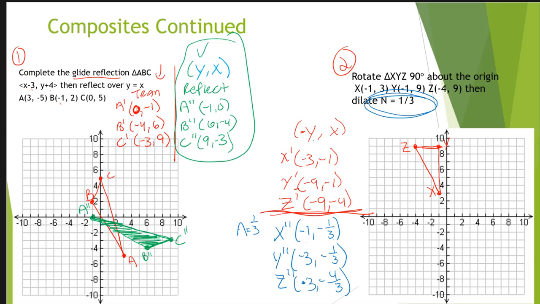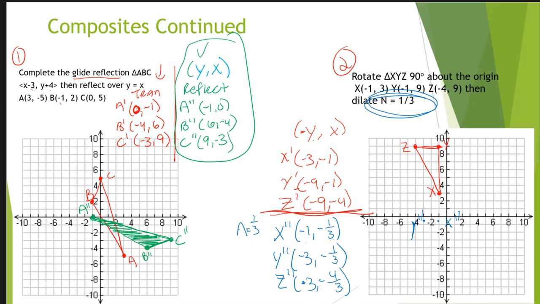All right, so let's plot these points, and this will be my final graph here. So -1, -1/3, let's say it'll be right about there. And that'll be my X double prime. -3, -1/3. Sorry, try not to hold it too long so that won't come up. That's Y double prime.